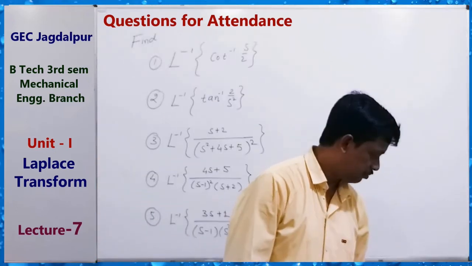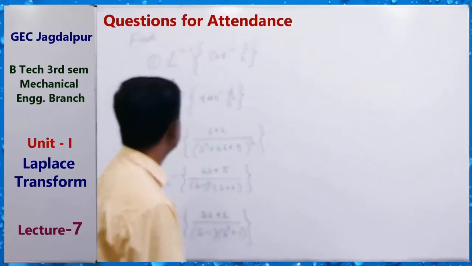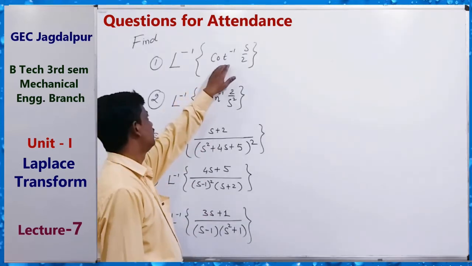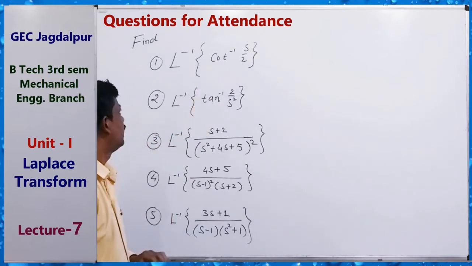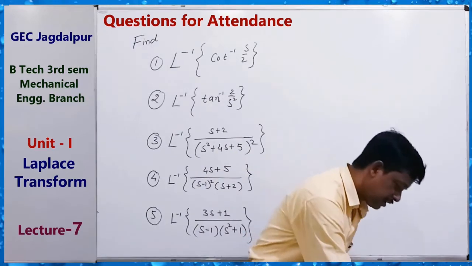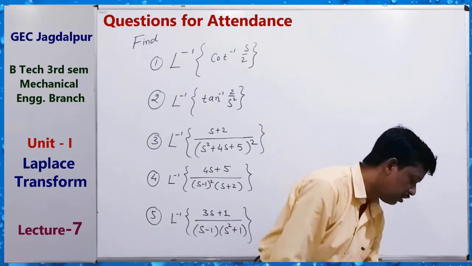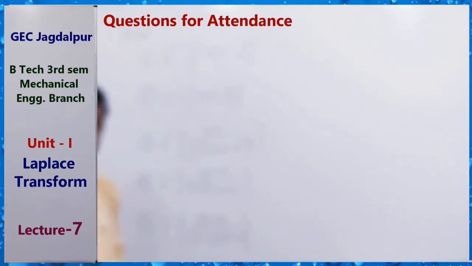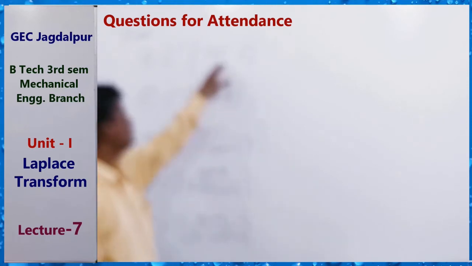Here, the hints for these questions are very simple. This question: L inverse of cot inverse s by 2. We have to find this. This is F(s). This can be differentiated.